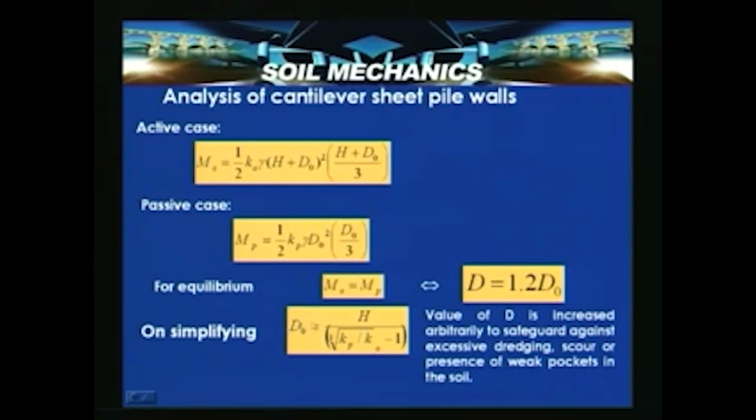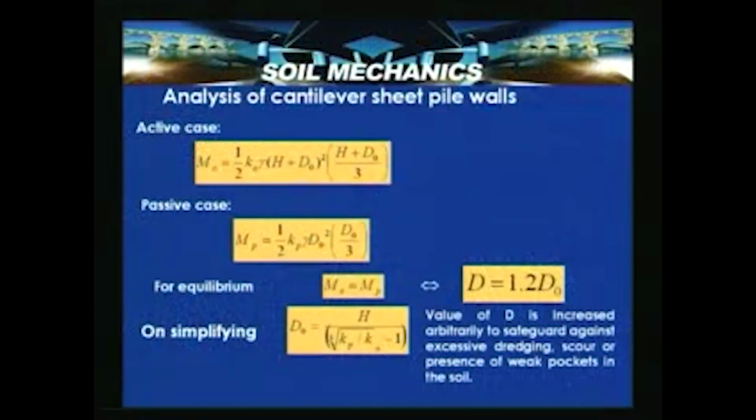What we generally do is that once you obtain D naught, then D is calculated by providing some 20% extra. This 20% extra is provided to safeguard against excessive dredging or scour or presence of weak pockets in the soil.